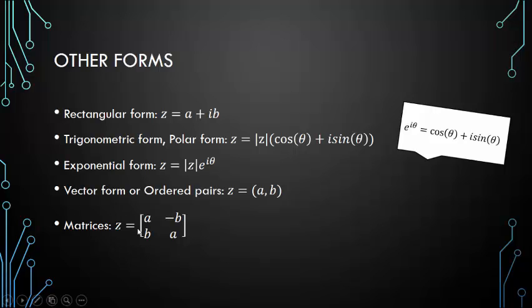So just FYI, complex numbers can be written in this form. If a were 3, you'd have 3 down the main diagonal, and if b were 2, you'd have a -2 here and a +2 here. So these are 5 different forms, and all the properties for complex numbers are the same in the field of complex numbers, but again, I'm going to try to focus on just these 2 forms right now.